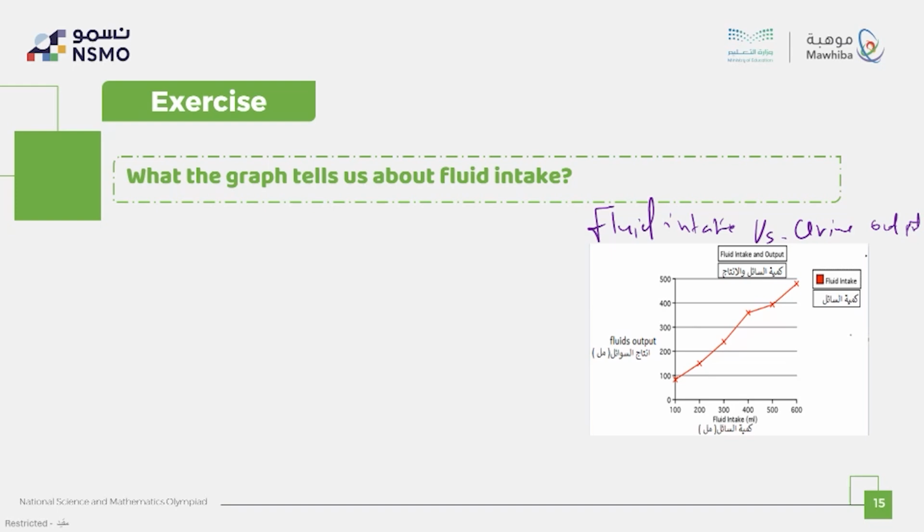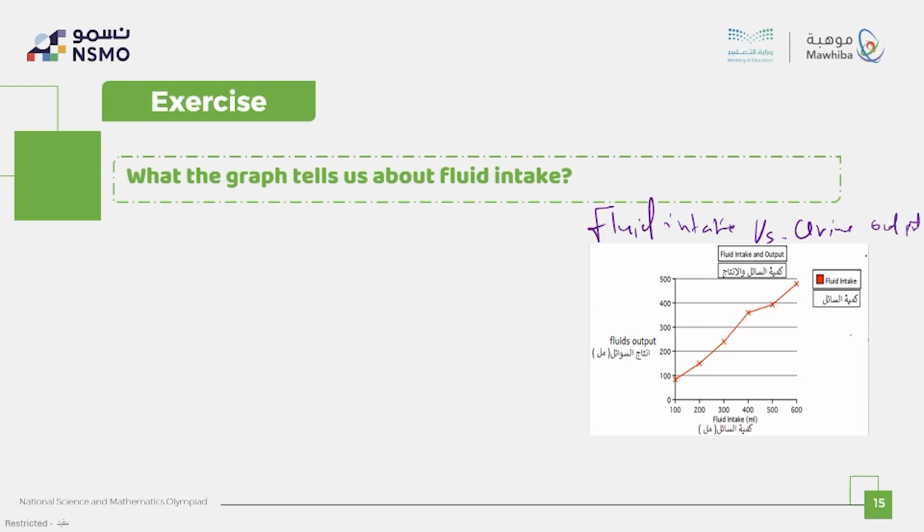This means the amount of urine output also increases. When the body receives more water, the kidneys remove the extra water through urine. When intake is low, the kidneys retain water and produce less urine to keep you hydrated. So the body adjusts urine production to maintain fluid balance. It's a very smart survival mechanism.